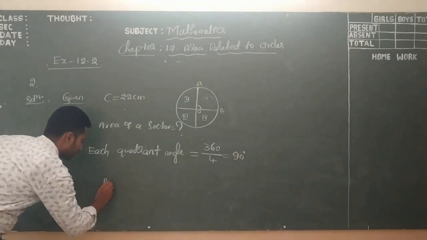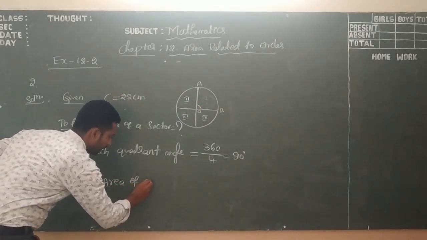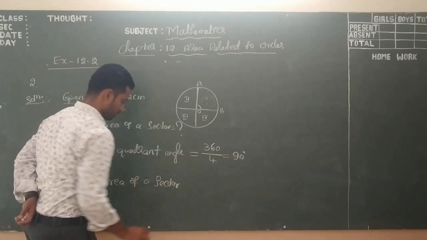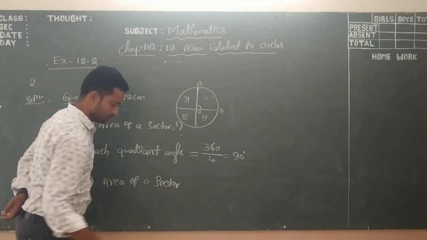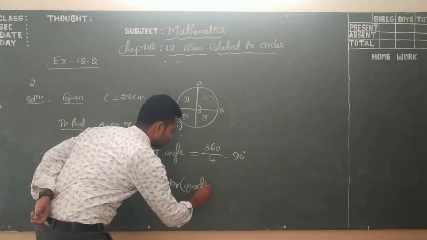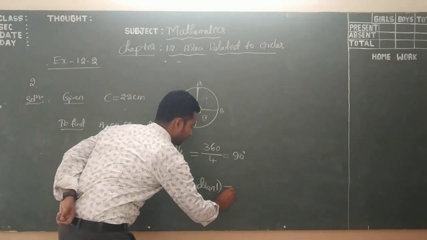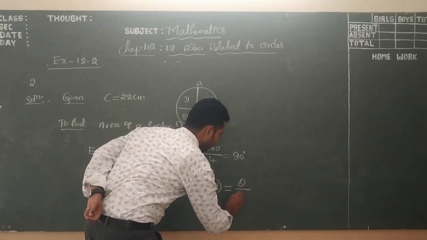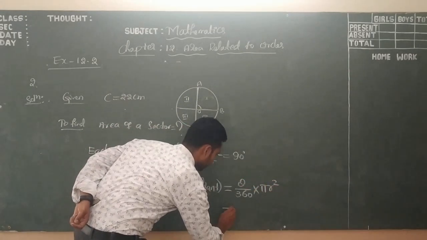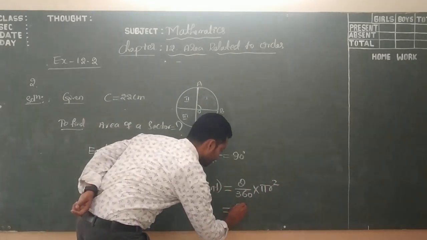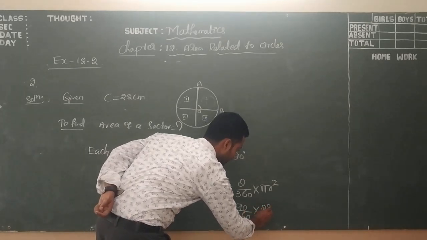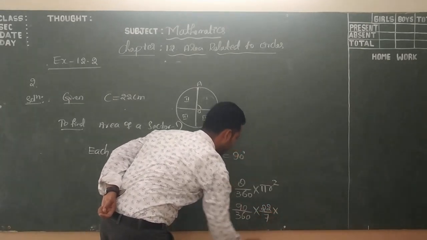The area of a sector of a quadrant is theta by 360 into pi r square. So theta is 90 by 360, into pi is 22 by 7, into the radius.